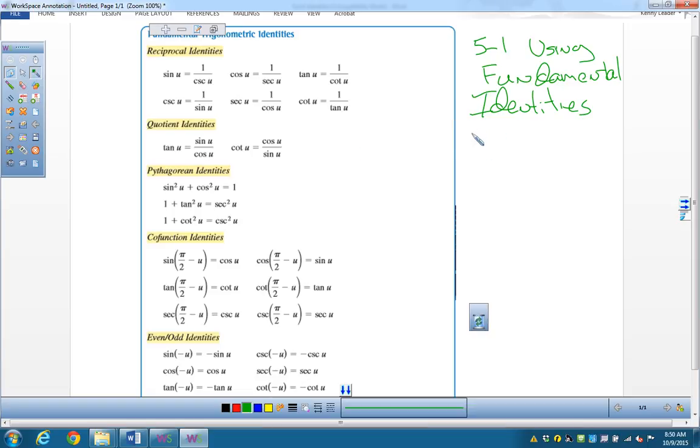Last try. Secant of u is equal to negative 3/2, and tan of u is greater than 0. Oh, I wrote down what I meant, I just said the wrong thing. My brain's on Friday mode, I guess.